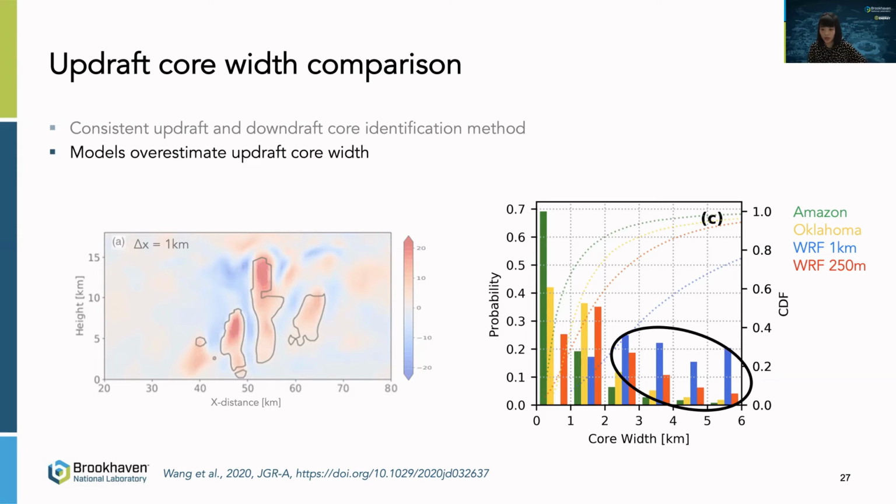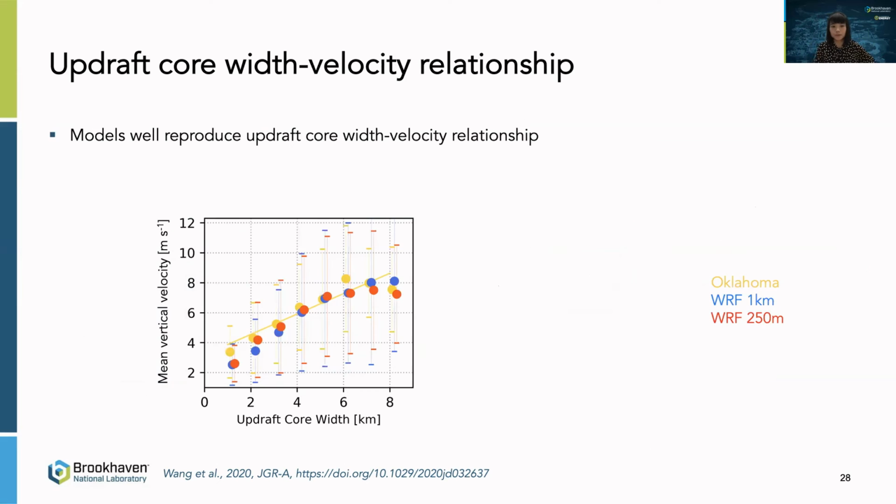You can see we overestimate the population of those larger cores in these models. Remember, these larger cores tend to be very intense. So this is probably one of the reasons that we overestimate the updraft extremes with these models. And if we look at the problem in another way, it may not be that bad in these models.